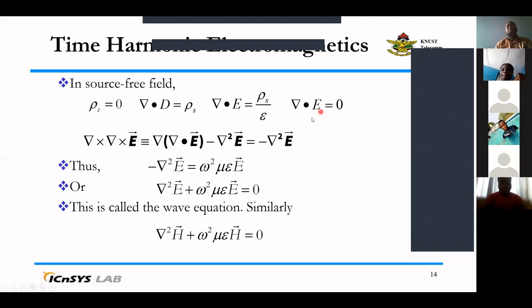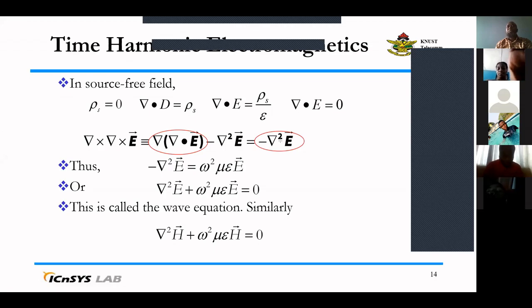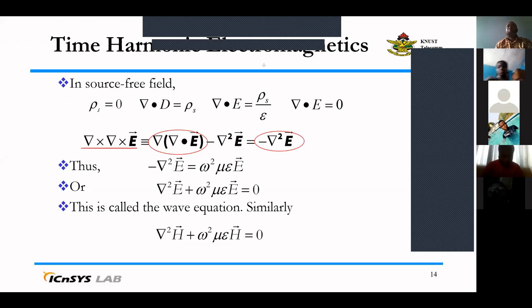And therefore, in the identity that we said, the gradient of the divergence of E is 0. So the whole part of this equation becomes 0. If this is 0, then we are left with minus ∇²E. So the whole of this equation can be replaced by minus ∇²E.